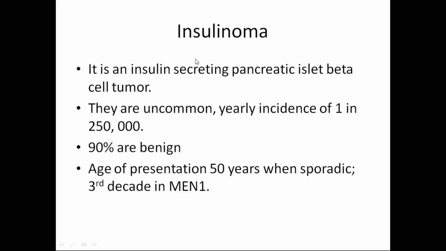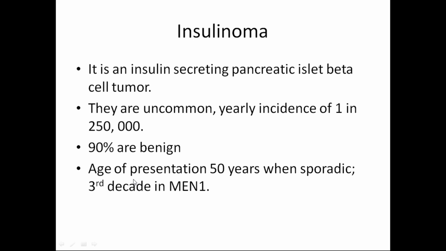So what is insulinoma? It is an insulin-secreting pancreatic islet beta cell tumor. Very uncommon, 90% are benign, and they are commonly seen at older age, around 50 years, and in men.